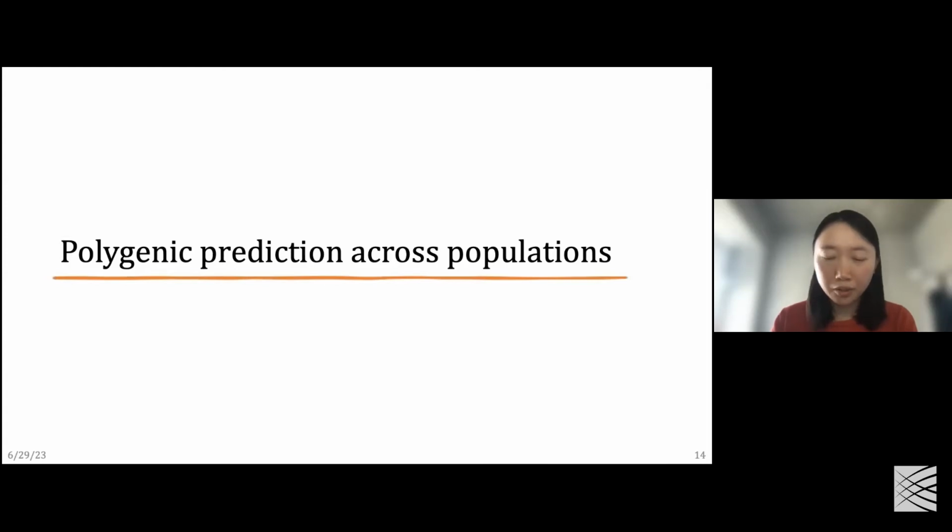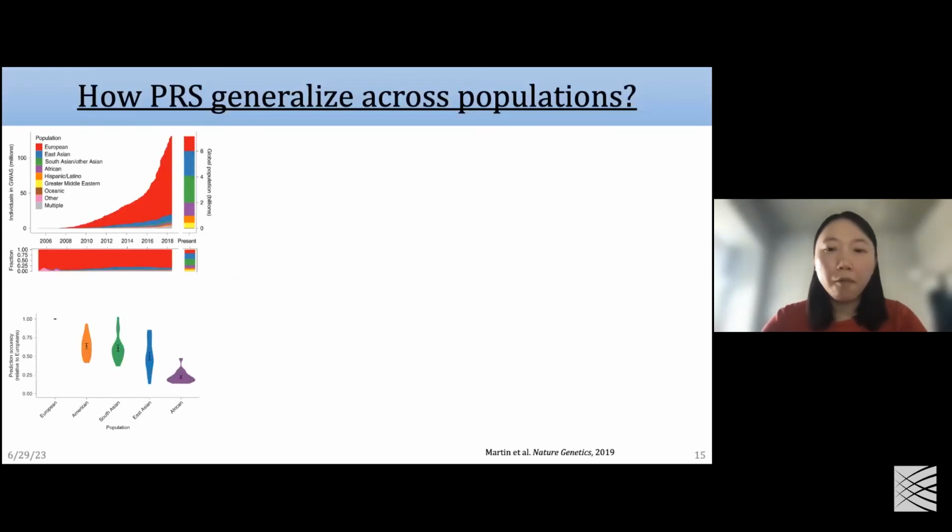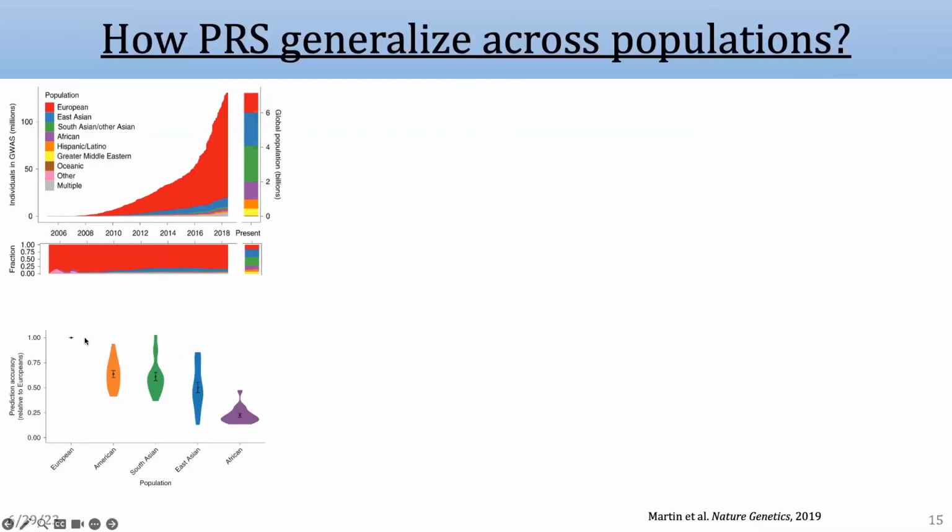Okay, so I will continue on polygenic prediction across populations. It is well acknowledged that PRS generalizability is limited across populations. As shown here, when using PRS derived from European GWAS, its accuracy is much attenuated in non-European populations.